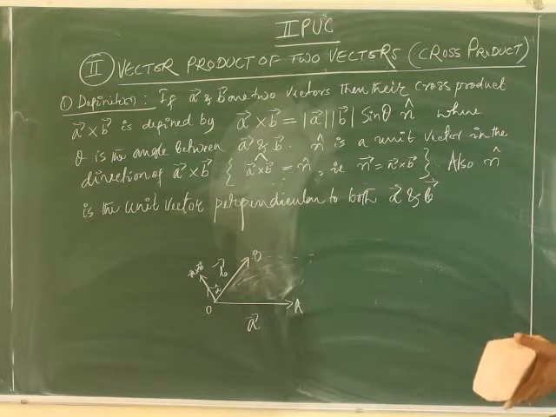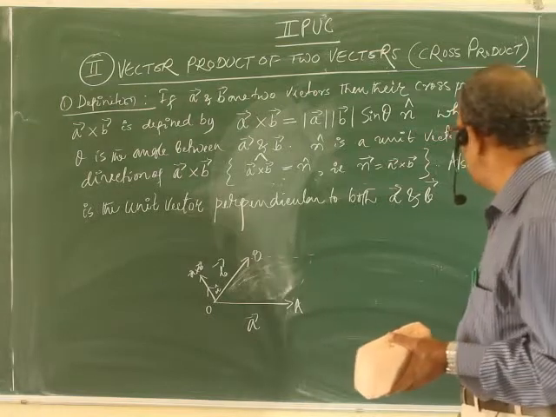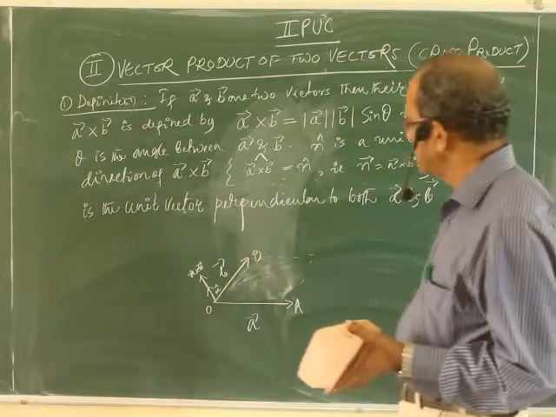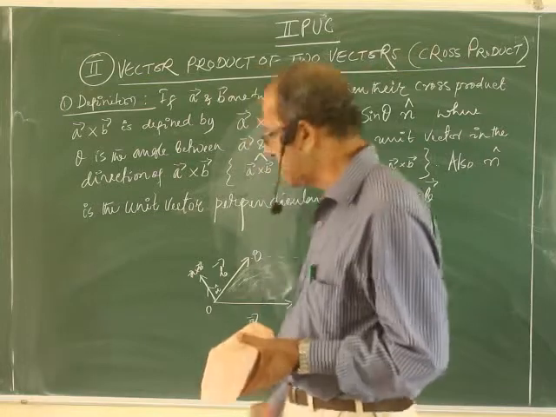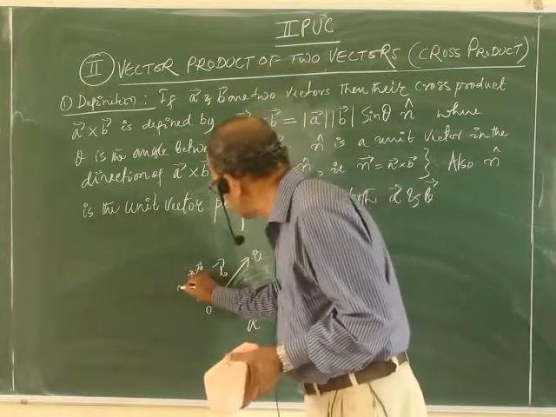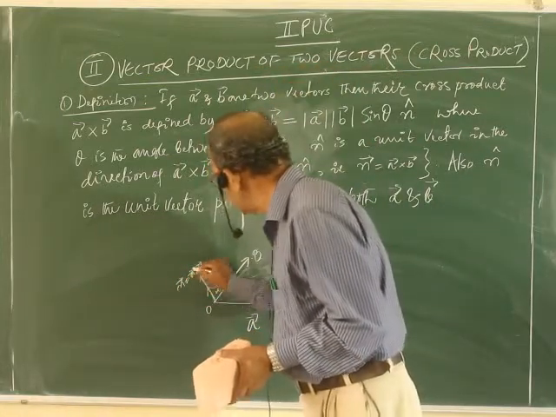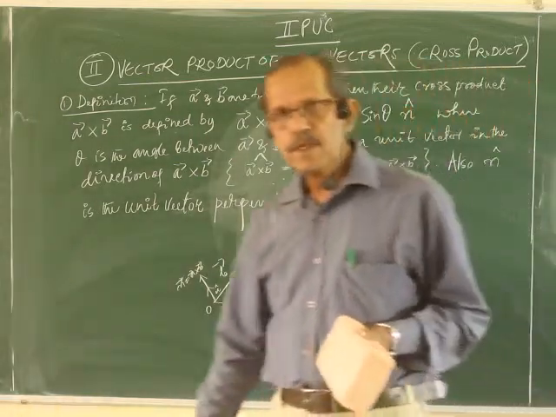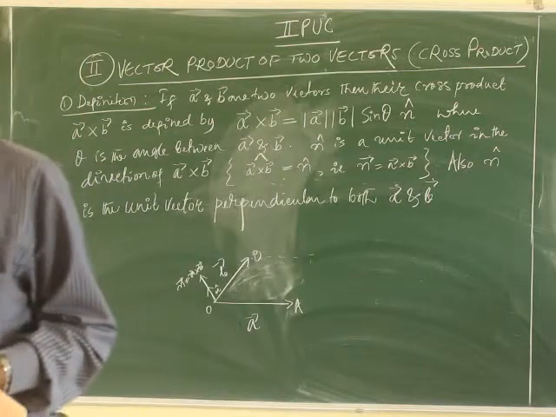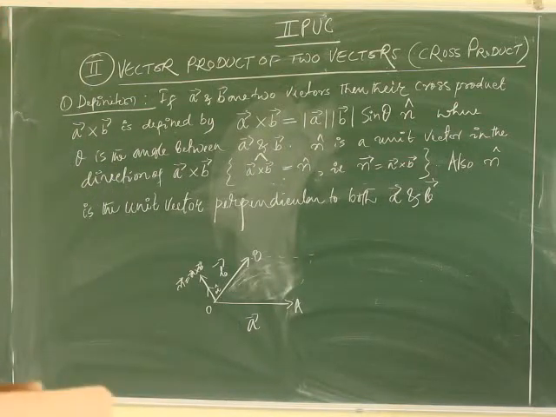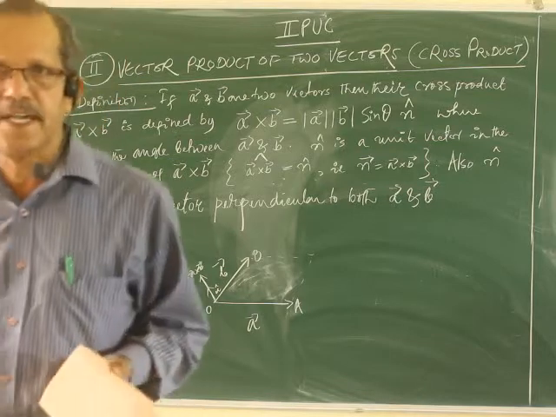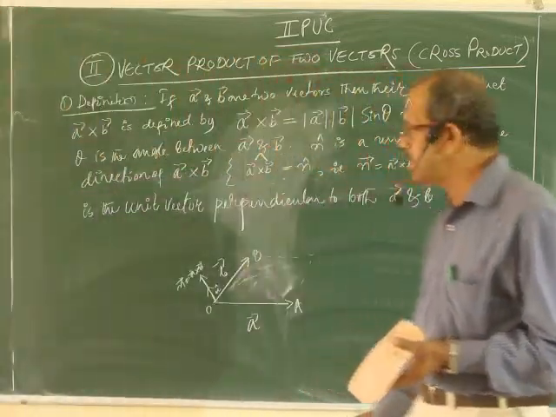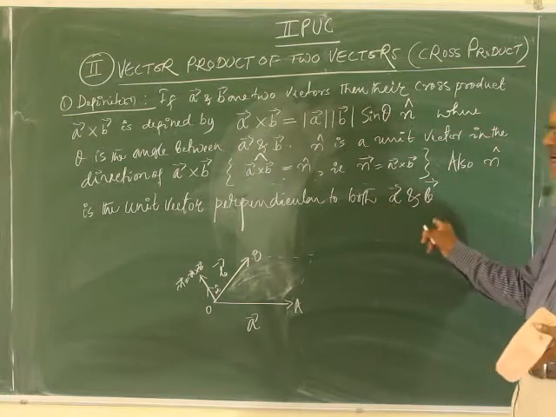Write correctly: perpendicular to both A and B, n cap, or it is vector n. A cross B is mod A mod B sin theta into n cap, where n cap is the unit vector in the direction of A cross B, or the unit vector perpendicular to both A and B.